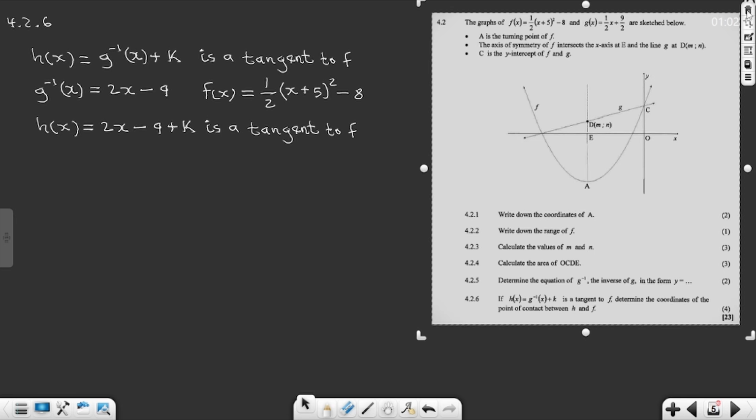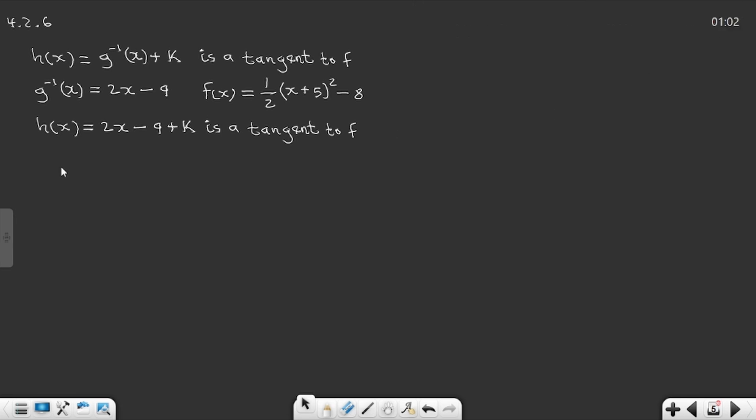You don't need it. Now remember that a tangent is a line. Do you agree with me? A tangent is a line, so it is a linear function. Okay, so t, let's use t for the tangent, is of this form, mx plus c, since it is a line.